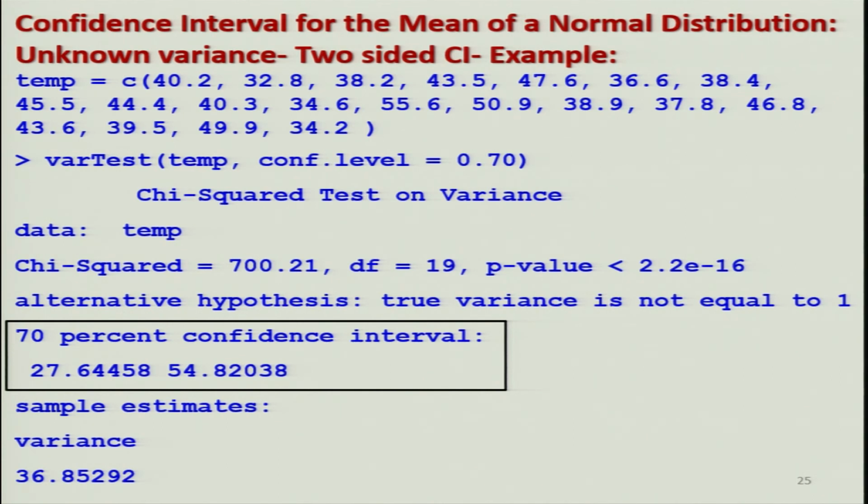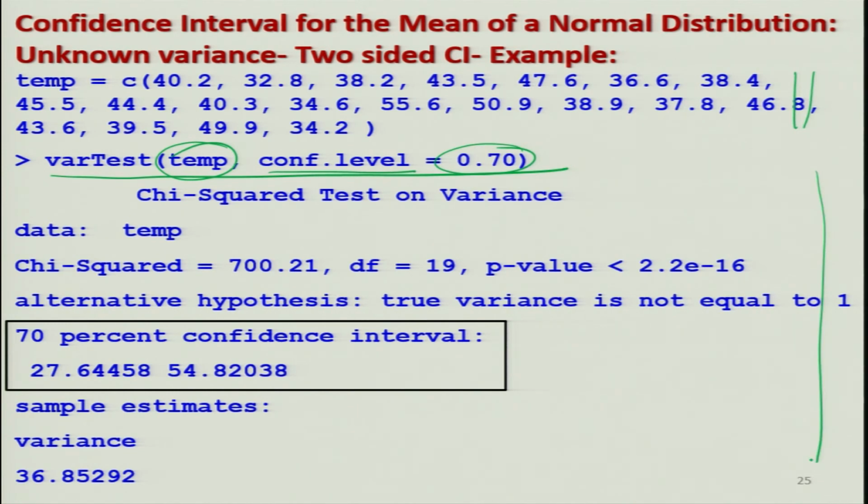If I ask you to do it manually, you know that it is very simple now. So, this is the data, and now I give this command, varTest on the data temperature, and the confidence level here is 0.70, that you can change according to your wish. Your outcome will look like this, but you have to concentrate only on this part which I have put inside a box.